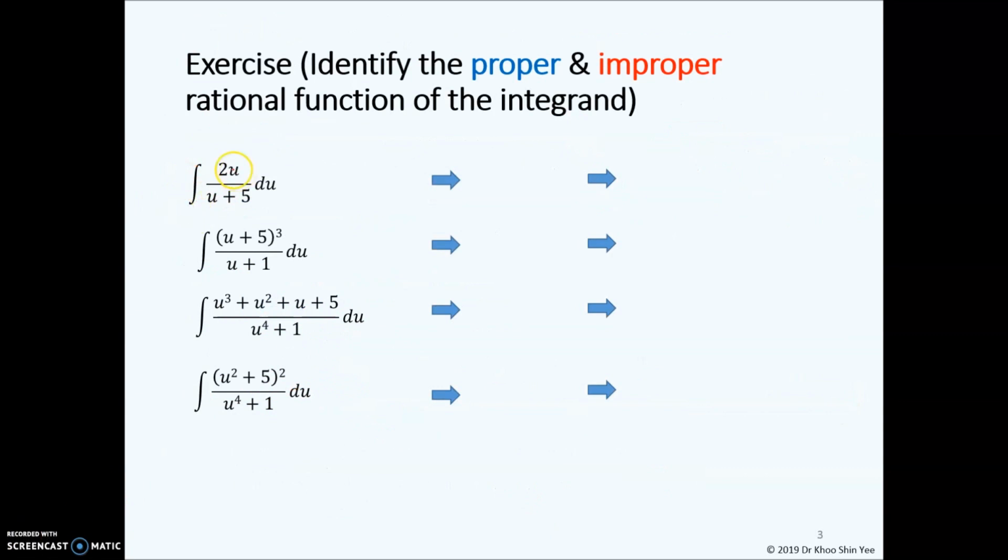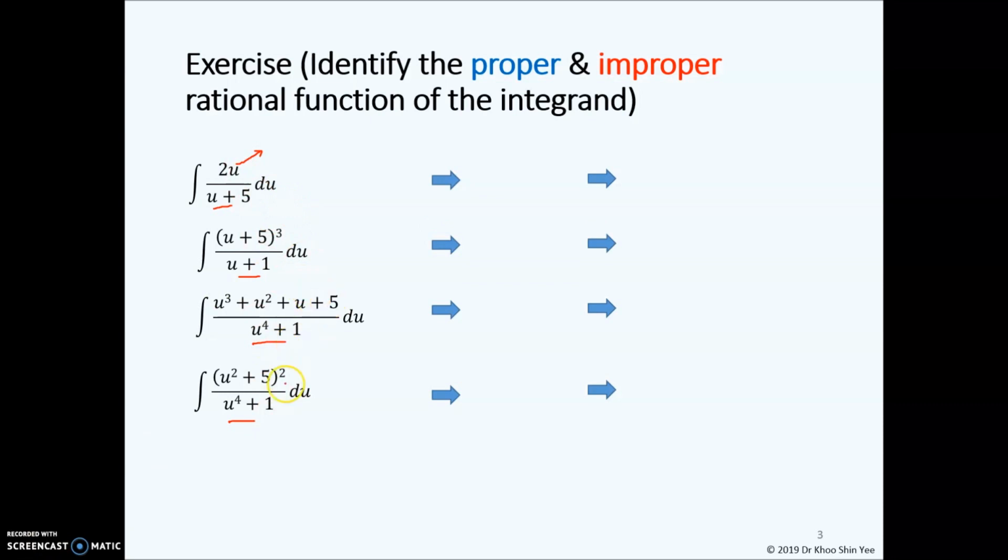In integration, if let's say you have a rational function like this, and you want to integrate it with respect to u, the first thing you need to check is whether the rational function is proper or improper type. If this rational function is improper type, then we have to reduce it to the proper type first. So which of the integrands is the improper rational function?